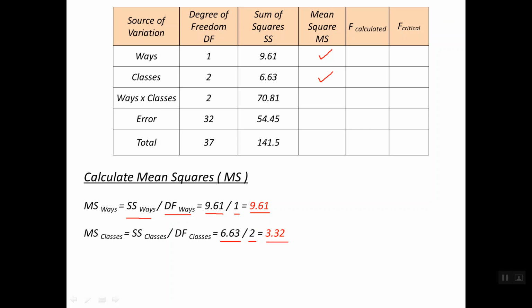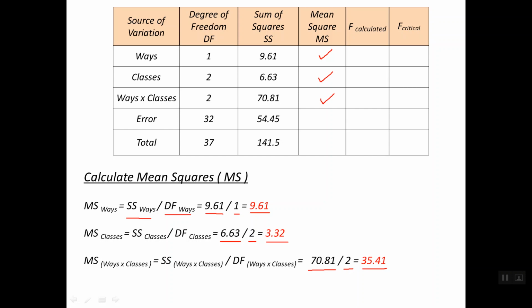Regarding the interaction, we know the SS for the interaction, and we know the degree of freedom for the interaction, so the MS for the interaction is 35.41. So this is how to calculate the MS for the interaction.